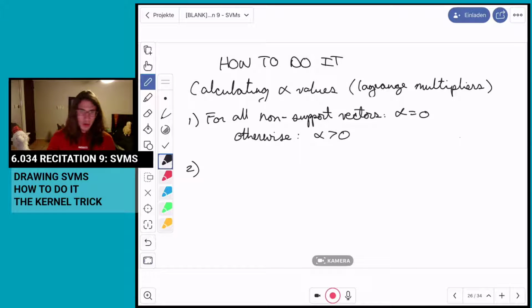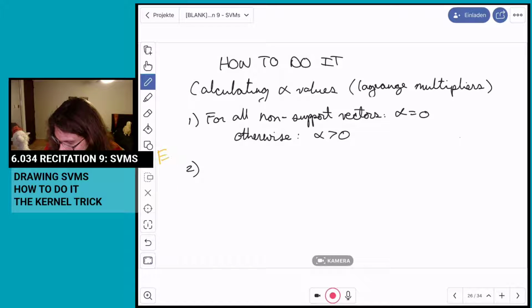The two equations that I'm going to be presenting follow from all of that mathematical analysis. So we've distilled the mathematics down to the following two equations on top of the point in number 1, and we can use those to determine the alpha values of the support vectors that we have. So this is going to be, let me label this as equation 4.